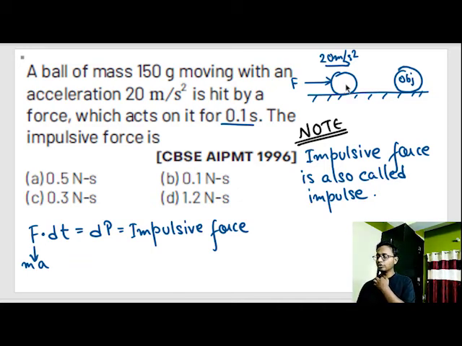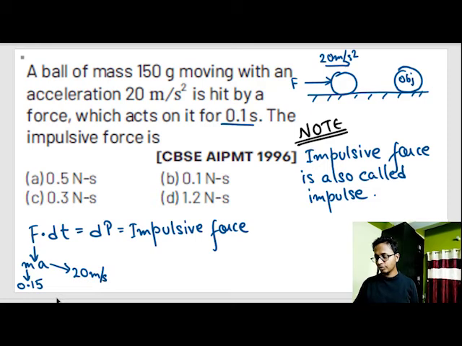So this force is mass of this ball into acceleration of this ball. Mass of this ball is given as 150 gram or 0.15 kg. Acceleration is 20 meter per second square. The time period for which it hit was 0.1 second.